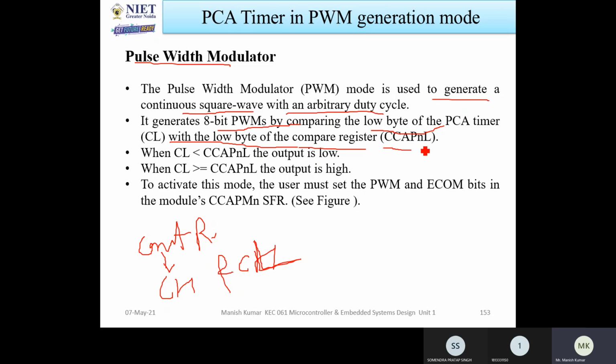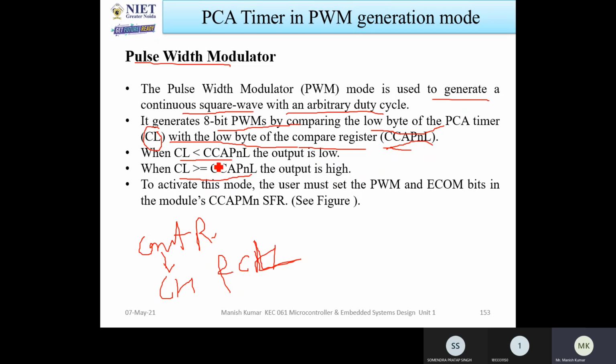If it is module 0, then you have to write CCAP0L. In that case, you can compare the CL value with the CCAPnL value. If you compare these two values, you get two conditions: either CL is less than CCAPnL, or CL is greater than or equal to CCAPnL.